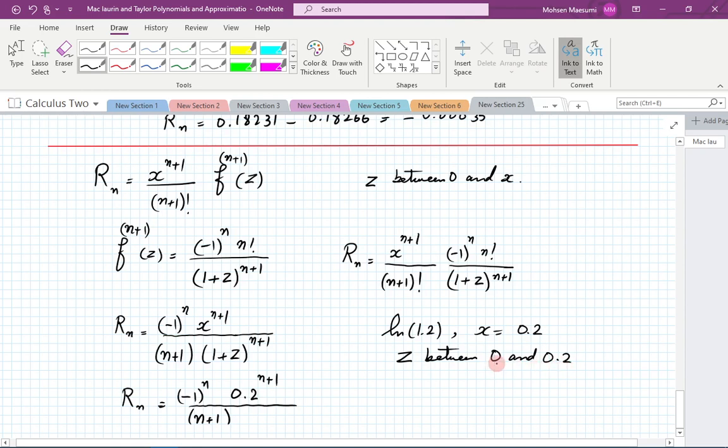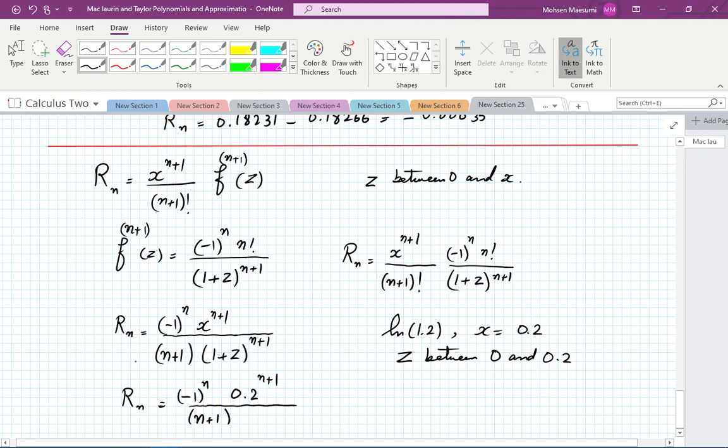If I come close to 0, this denominator becomes smallest possible, so Rn becomes as large as possible. If I go toward 0.2, I'm increasing the denominator, and as a result Rn is going to decline.